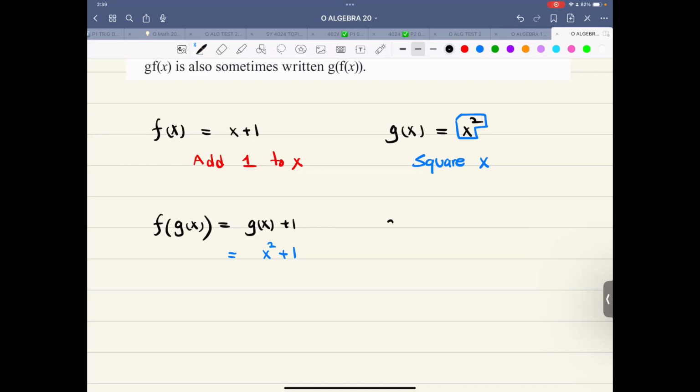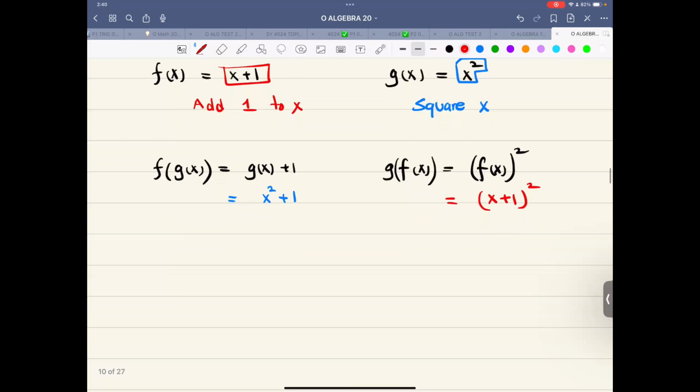Similarly, I can find g of f(x). What it means is that inside g(x), wherever there is x, just plug in f(x). So therefore, this is f(x), the whole thing squared. Now, what is f(x)? f(x) is x plus 1. This is (x plus 1) whole squared. Now, what is the difference between the two?